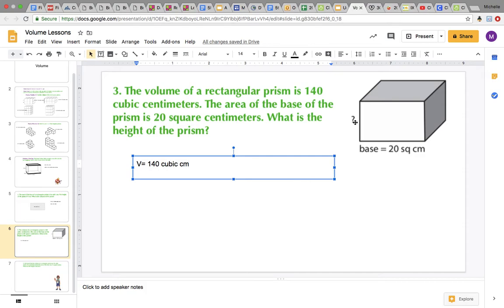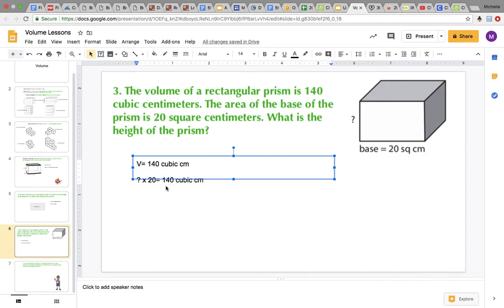When we multiply two numbers together and we get an answer, that answer can be divided by one of those numbers to get the other number, like a fact family, right? 2 times 4 equals 8. 8 divided by 4 equals 2. That's a fact family. So, same thing here. We know we have to do question mark times 20 to get our volume, which we already know.